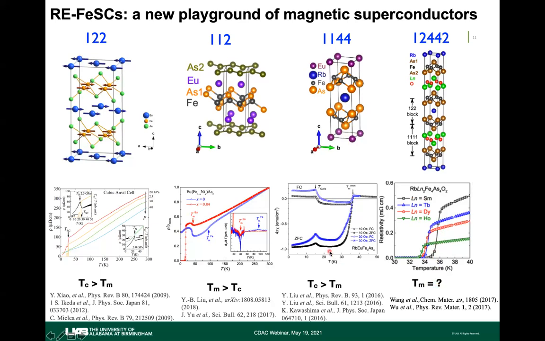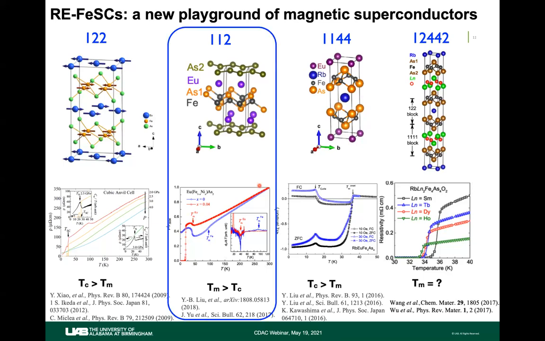So this type of system is actually a great playground to study the coexistence and the competition of these two phenomena. So I plan to just focus on the 112 and also give you a second example on a doped 122 system.